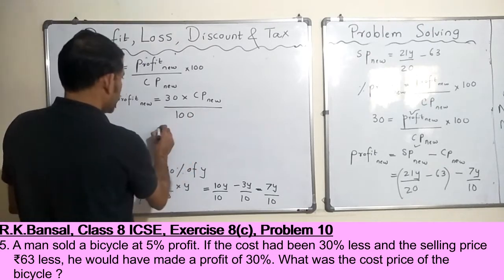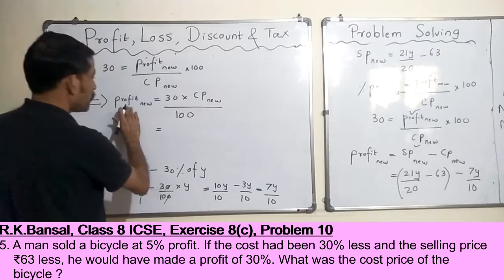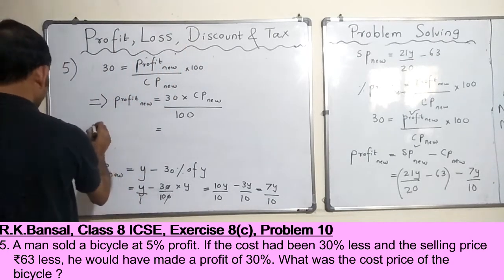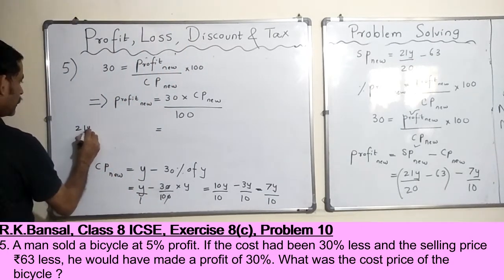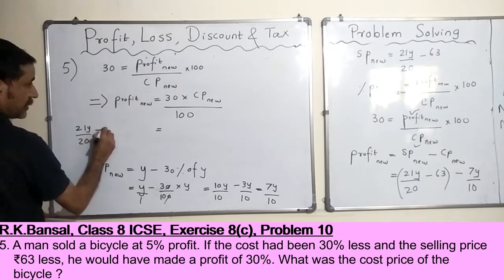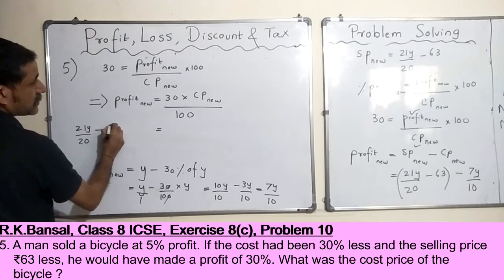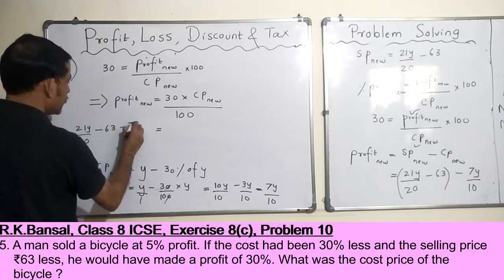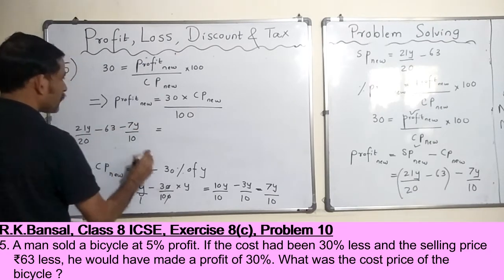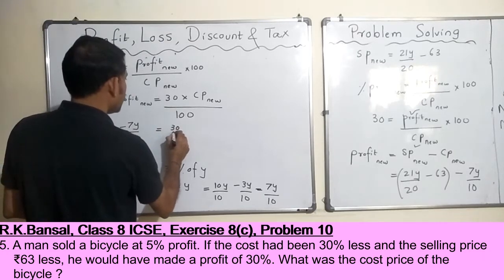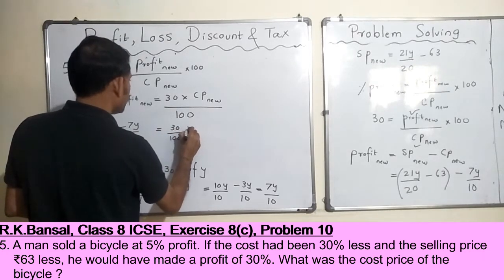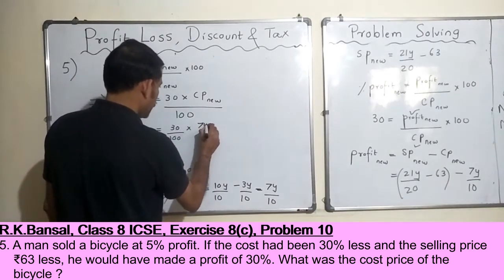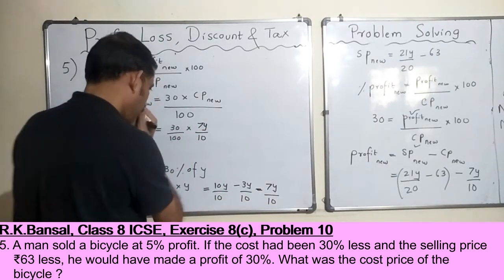This should be pretty simple. So profit new is that entire thing, which is 21y by 20 minus 63 minus 7y by 10. This is 30 by 100 into Cp new. So Cp new is 7y by 10.